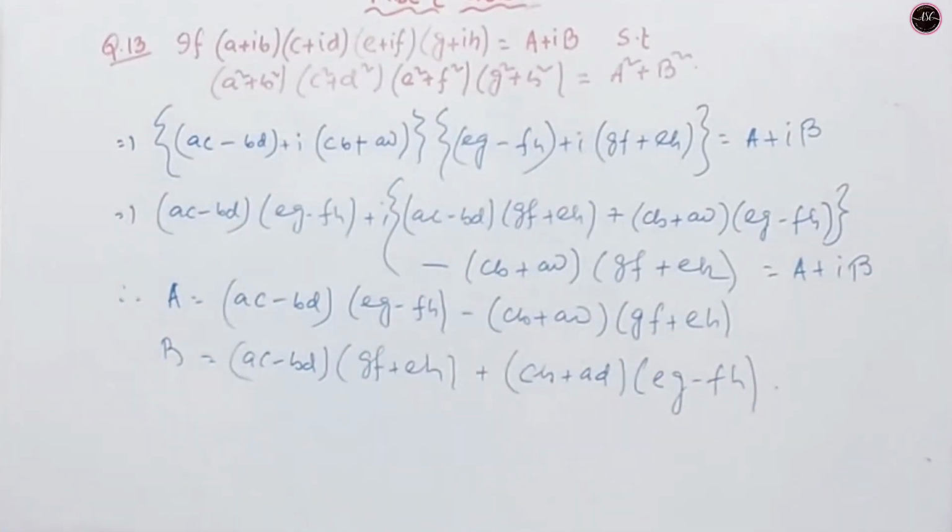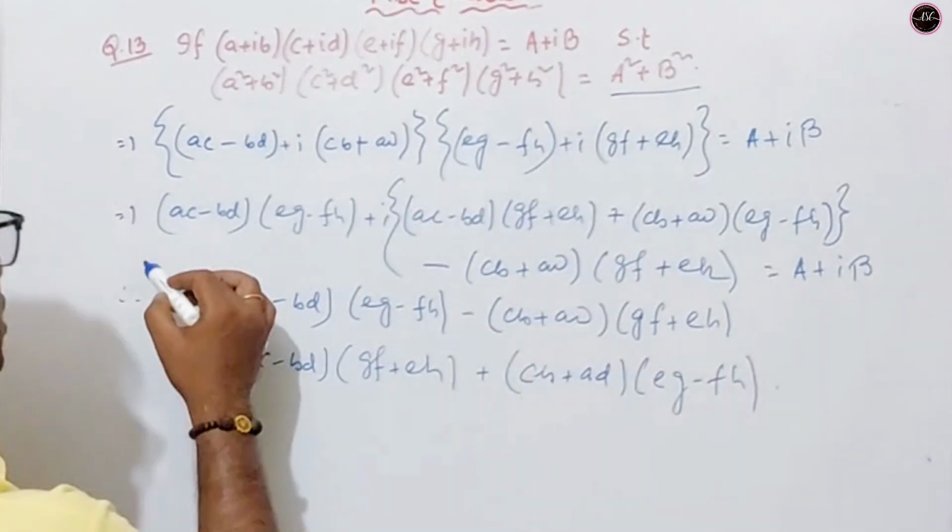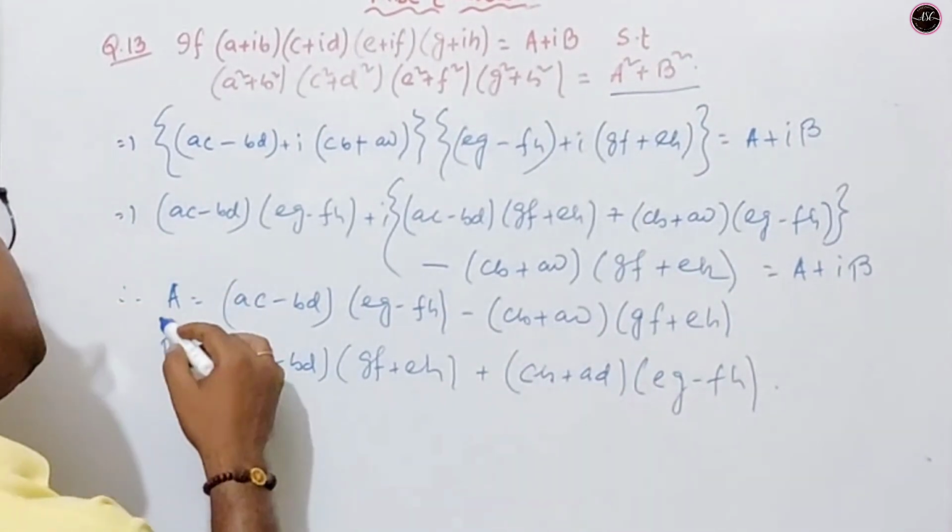Now just a square plus b square, that means let RHS equal a square plus b square.